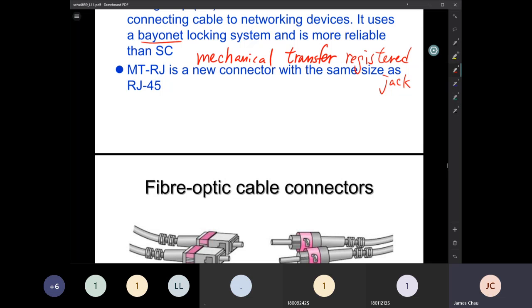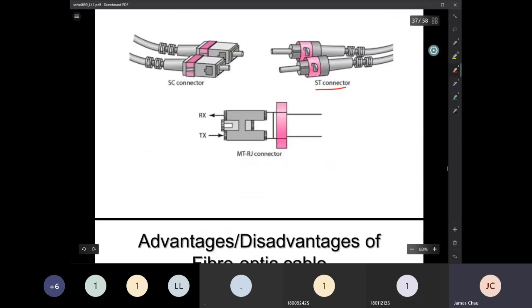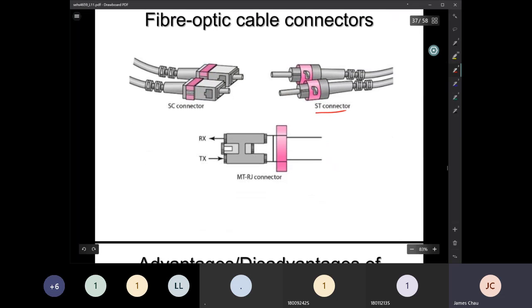It is the new type of socket, and actually it supports two cables connecting in the same connector.